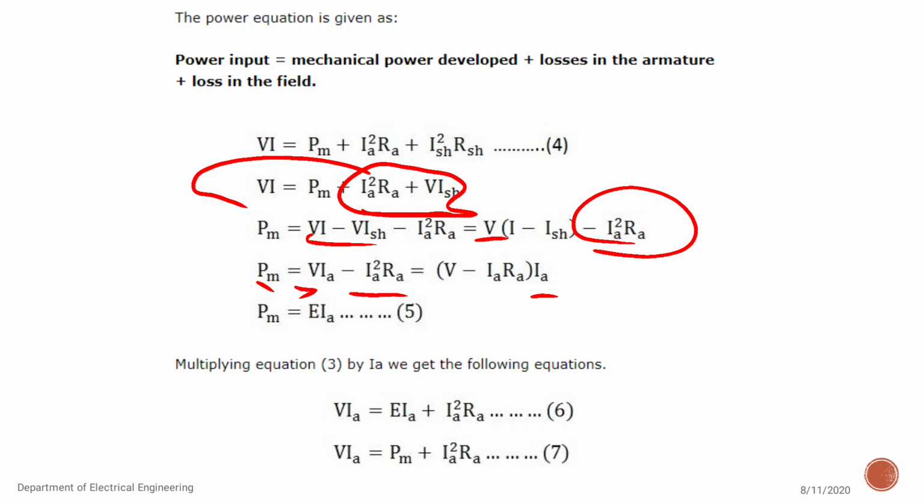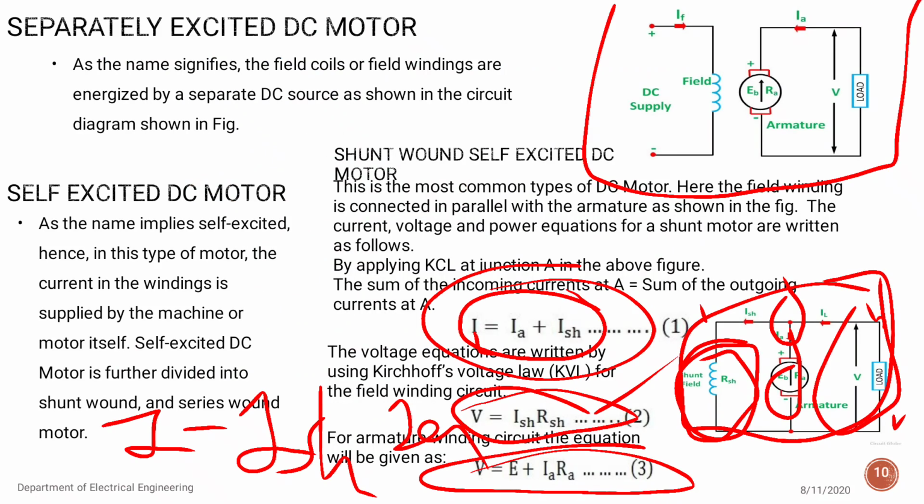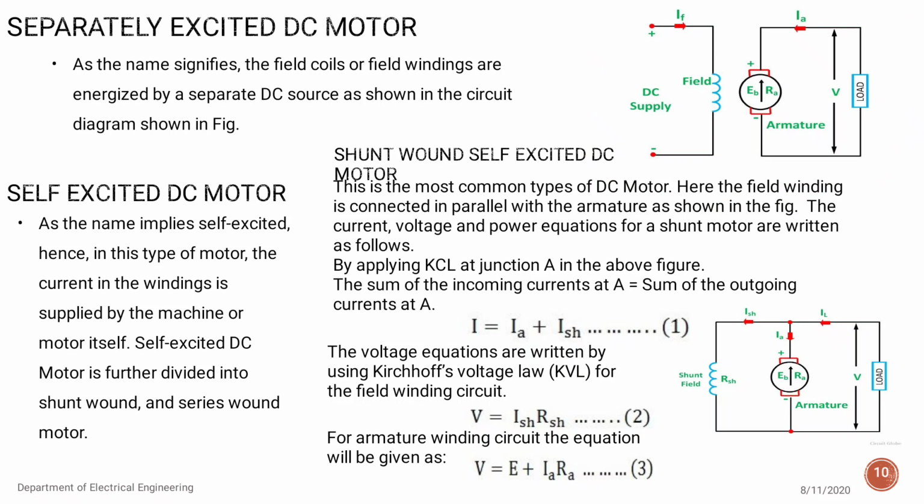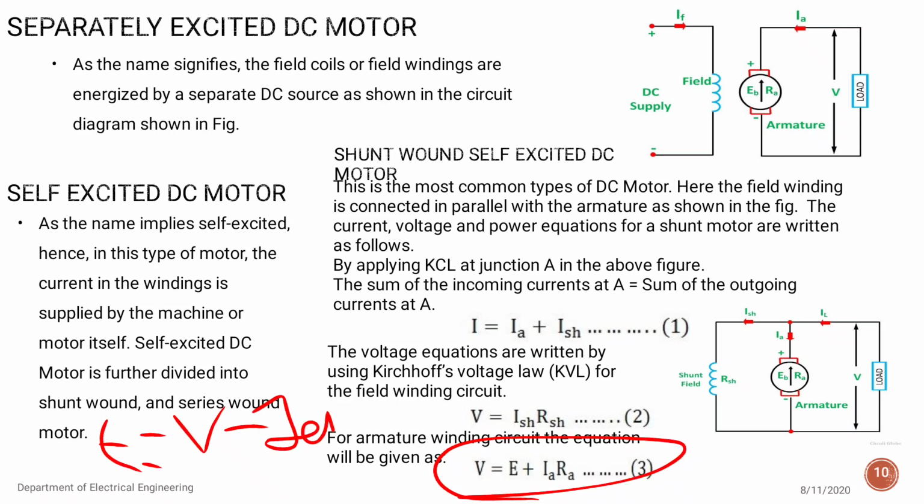Then only one term remains in the bracket: V minus Ia Ra. And we know that V minus Ia Ra, just a minute, in equation 3, I will show you, this equation: E is equal to V minus Ia Ra.